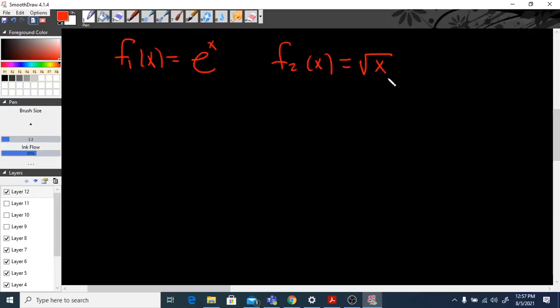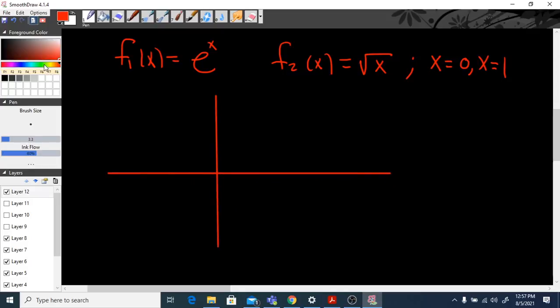And then this problem actually gives us bounds as well: x equals 0, x equals 1.